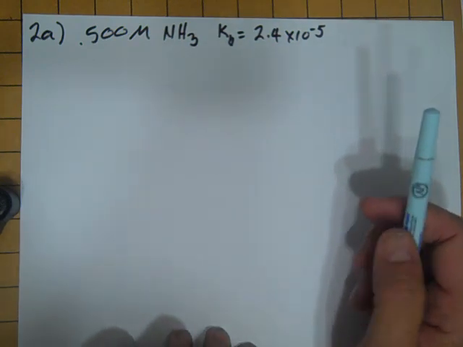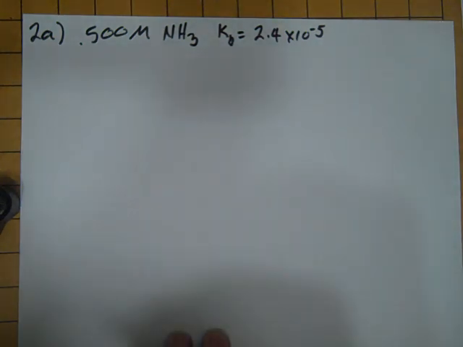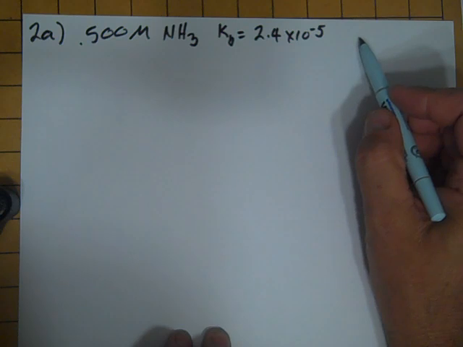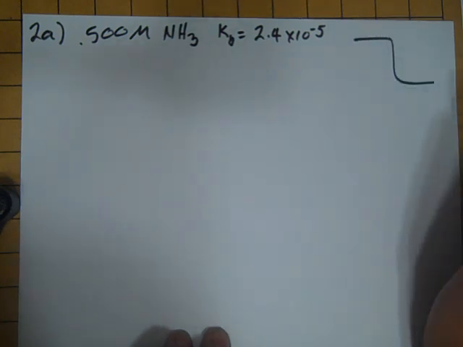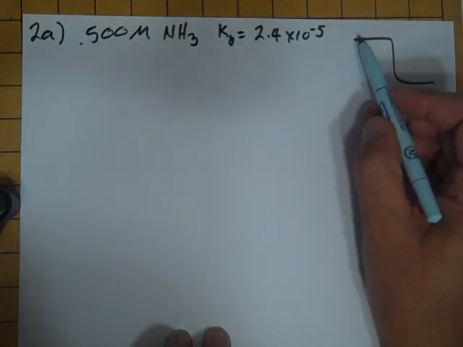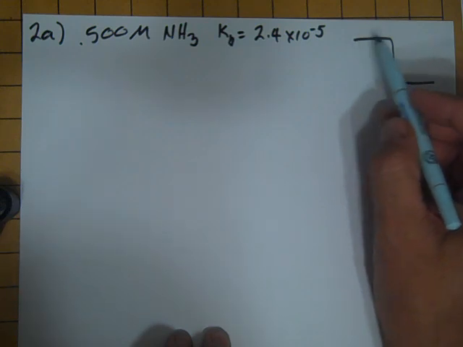So, just like the previous ones, we need to know where we are on the titration curve, keeping in mind that because this is a weak base titrated with a strong acid, our curve is going to look like this instead, but we still have the same criteria. Originally, we're going to use the Kb expression.